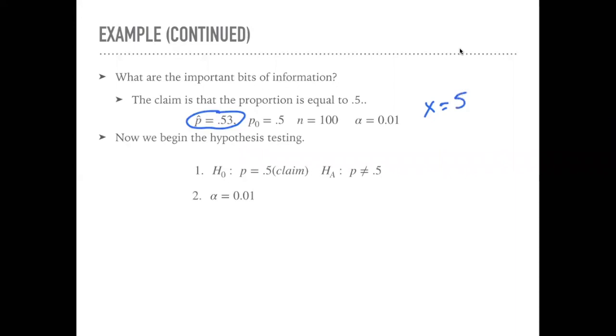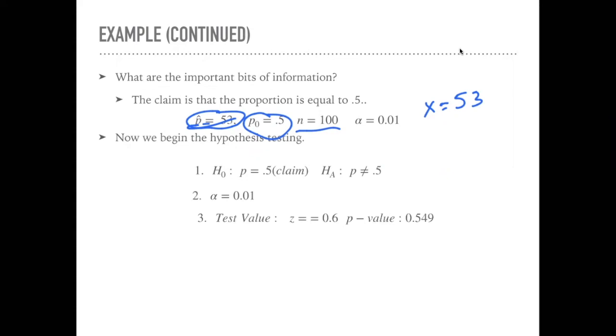X is equal to 53, and then we're also needing n. It helps if I'm looking at the correct test on my calculator here. So we need x and n, and then we're also needing p naught. So those are the things that you're needing in your calculator. And then of course, selecting the correct symbol, and you will get your test value, your p-value.